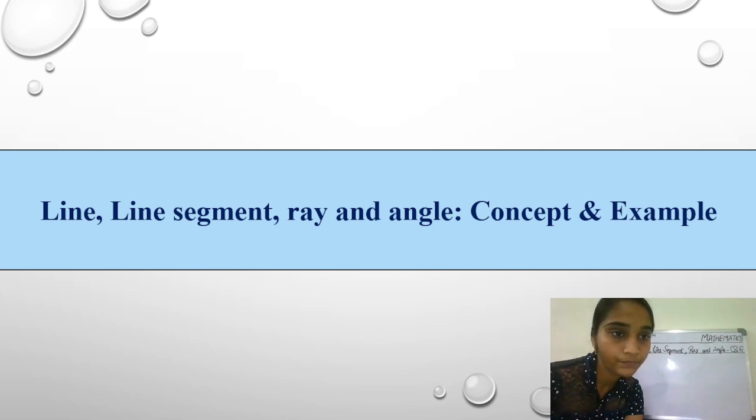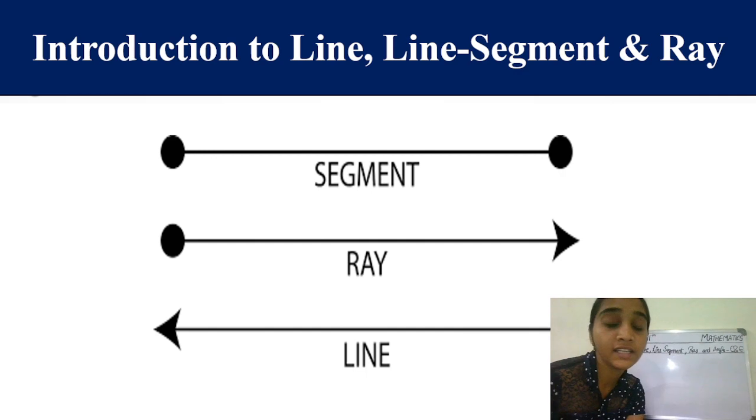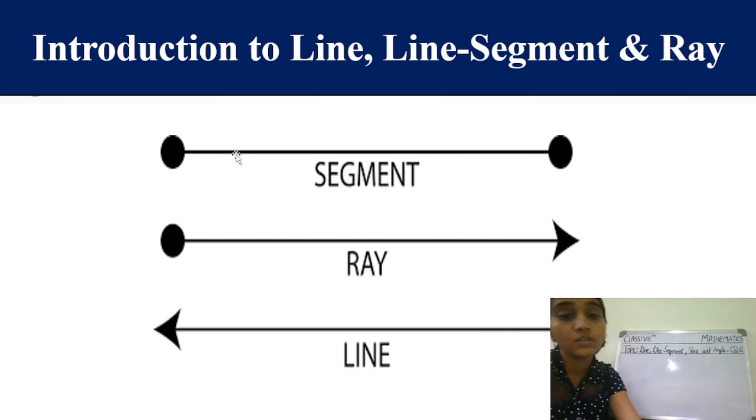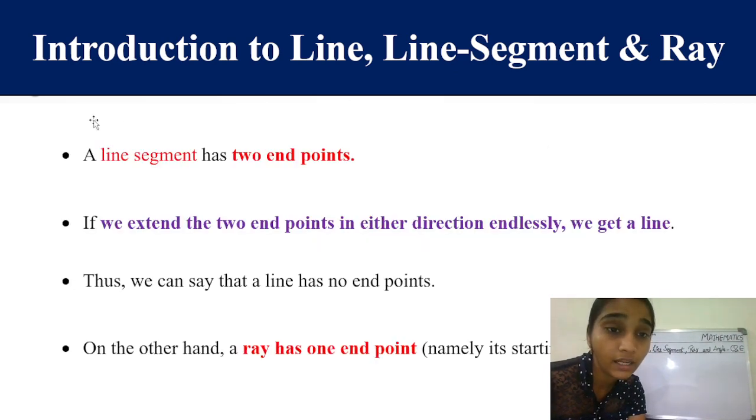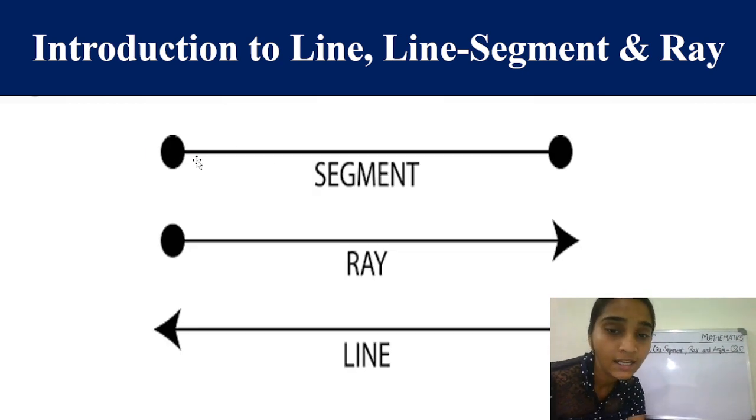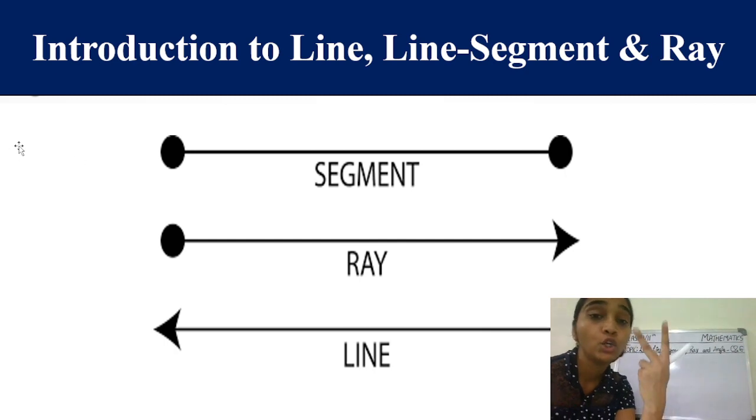So now let's move ahead. What is actually a line, what is a line segment or a ray? Students, you can see how we can distinguish what is a line segment, what is a ray and what is a line. Are you seeing the endpoints of these? So whenever we describe any line, line segment or ray, we say that a line segment has two endpoints.